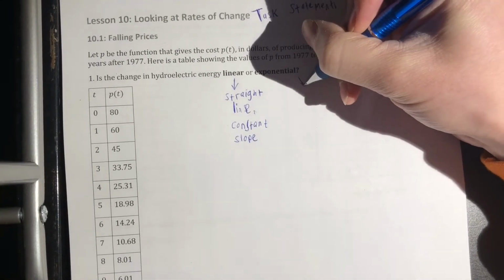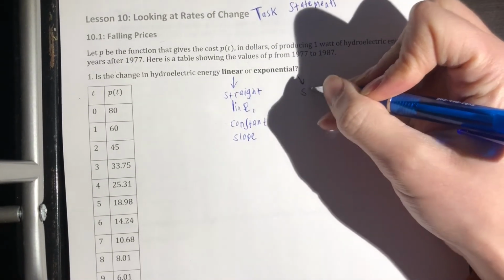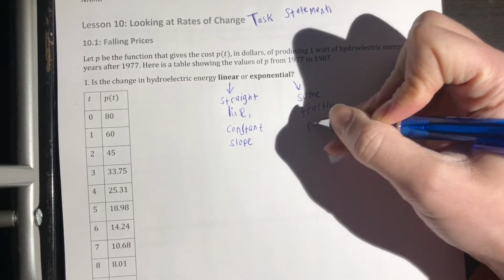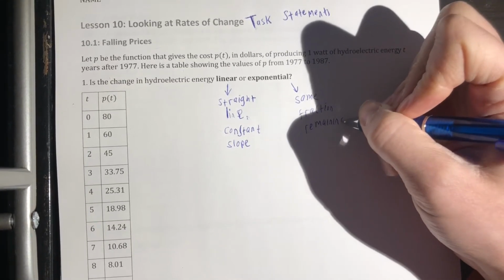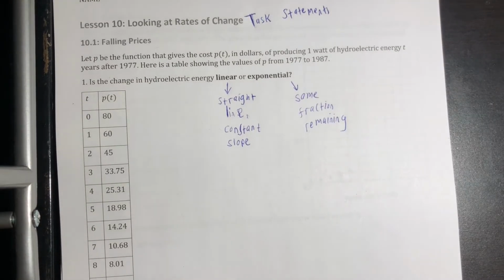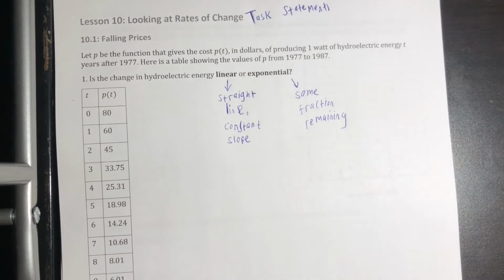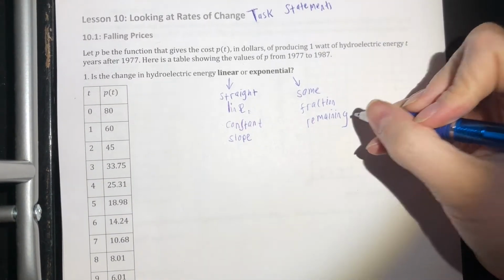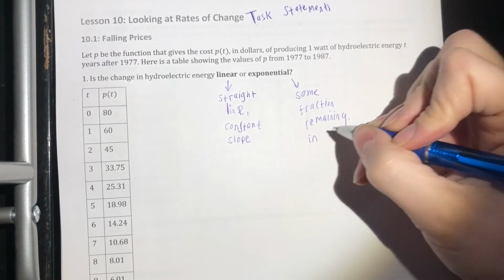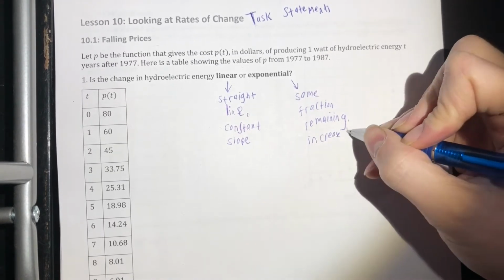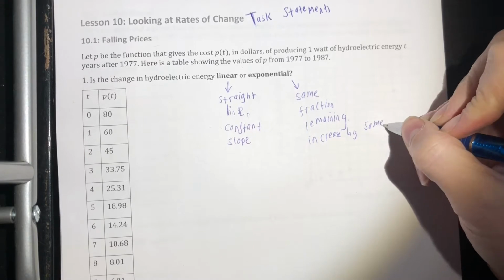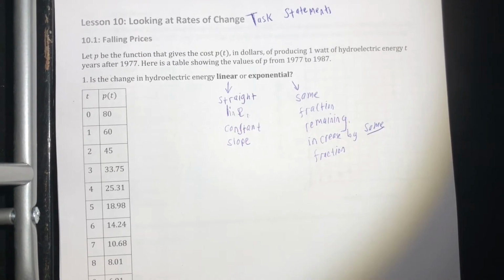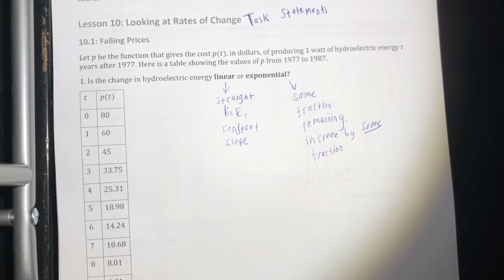And if it's exponential, we want to see the same fraction remaining, sorry, the shadow's really in the way, the same fraction remaining or increase by the same fraction each year. So like getting 10% larger or doubling or tripling or getting 50% larger, stuff like that.